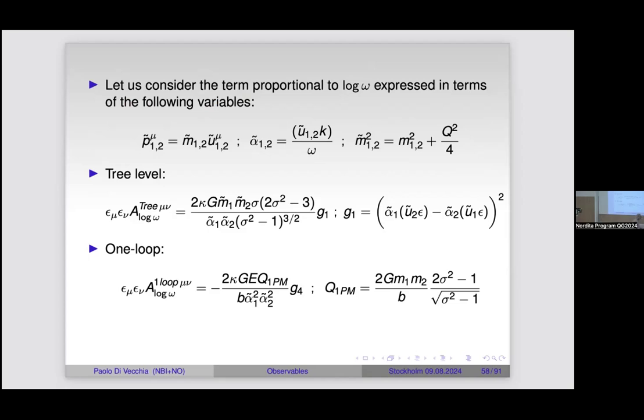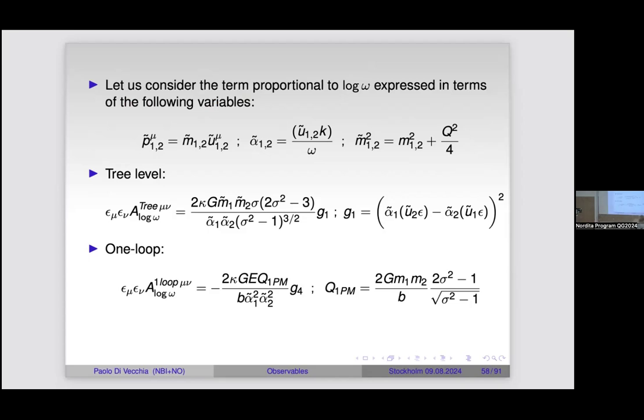So I just give some results, and I write the momentum in this way. At the tree level, this log omega gives this quantity here, where G1 I multiply by the polarization of the graviton. At one loop, I get this, and these are more general expressions which are gauge invariant.